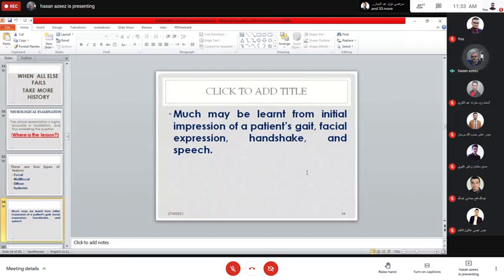Taking history is the first step, and examination starts after finishing history, with a differential diagnosis after history.